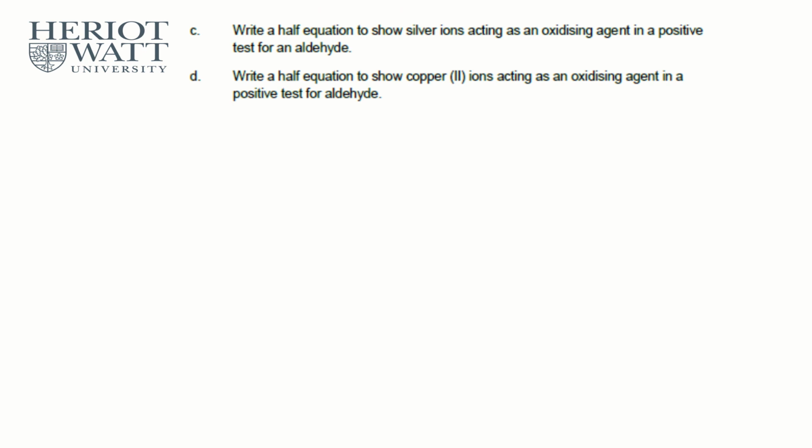Write a half equation to show the silver ion acting as an oxidizing agent in a positive test for aldehydes. Okay, now what's going on here? Tollens reagent is a diamminesilver ion. This is the structure of Tollens reagent, and initially the charge of silver is positive. And what happened at the end?